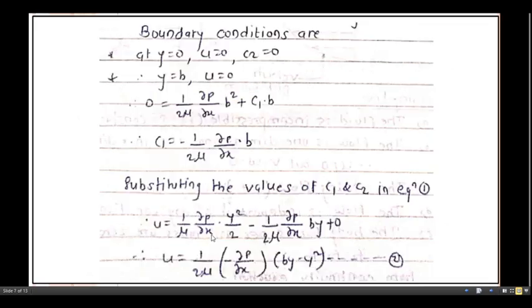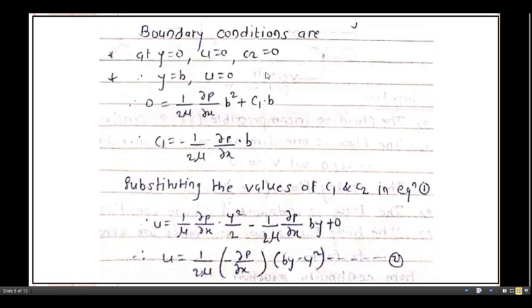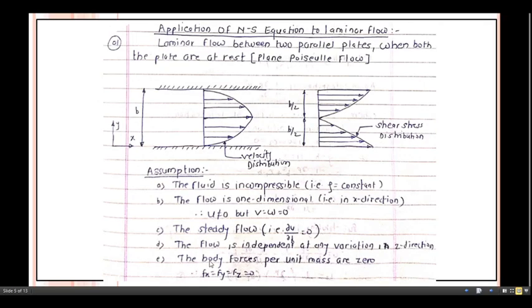Now how can you get the value for the maximum velocity? For that, if you observe here, for the velocity to be a maximum, I differentiate this term with respect to y, since the velocity along the x direction is a function of the distance y.